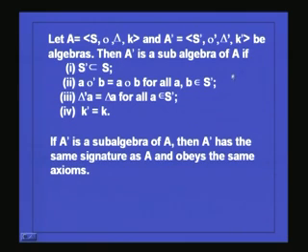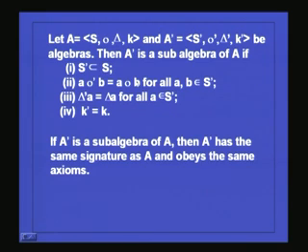Now, A dash is a subalgebra if the carrier S dash is a subset of the carrier S, and when you restrict the operation, A dot dash B is the same as A dot B. Then you also have del dash A equal to del A for all A belonging to S dash.